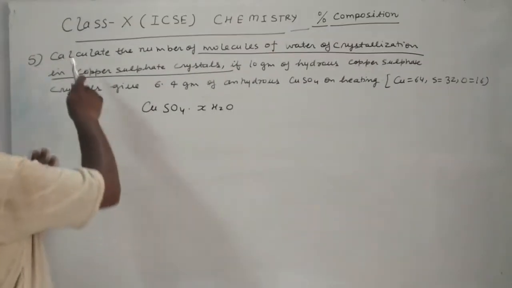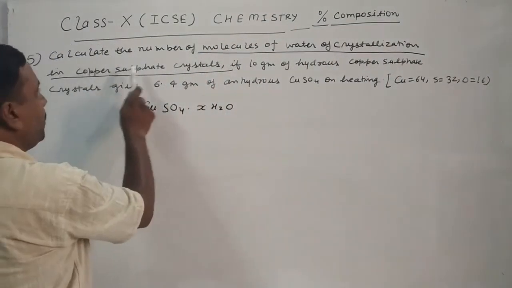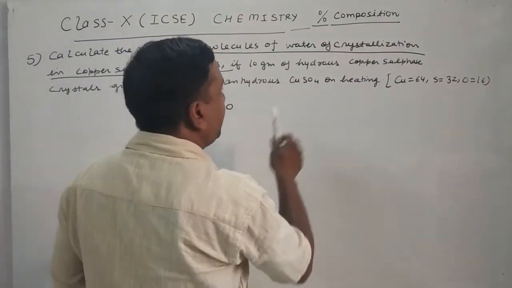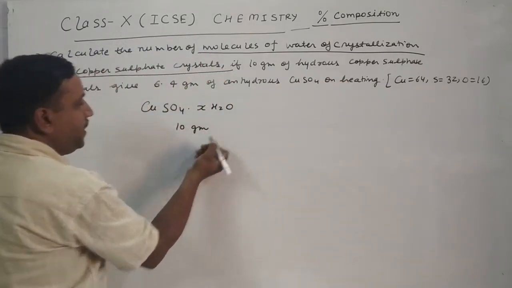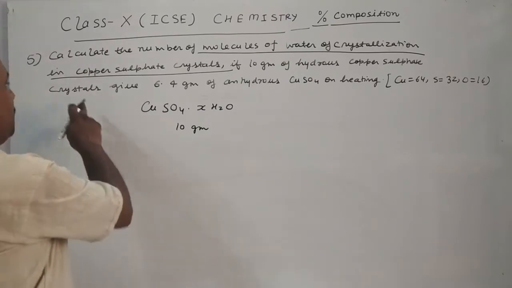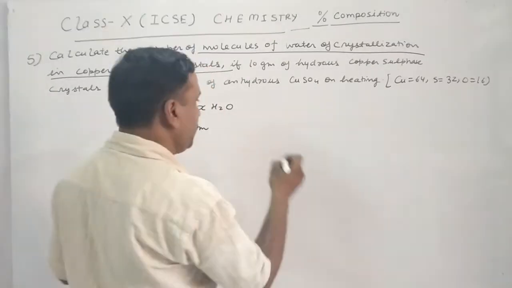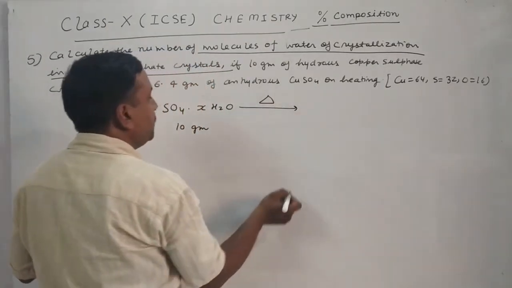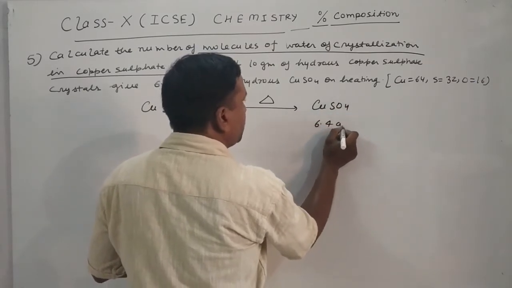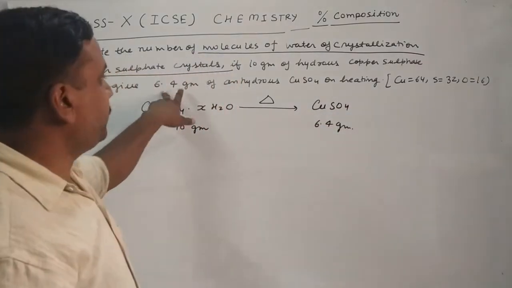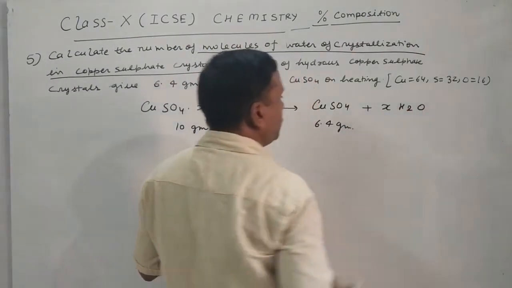What is the complete question? Calculate the number of molecules of water of crystallization in copper sulfate crystals if 10 gram hydrated copper sulfate gives 6.4 gram anhydrous copper sulfate on heating. If you heat it, then you will have copper sulfate, which is 6.4 gram anhydrous, and the rest is the water of crystallization in the form of water molecules.